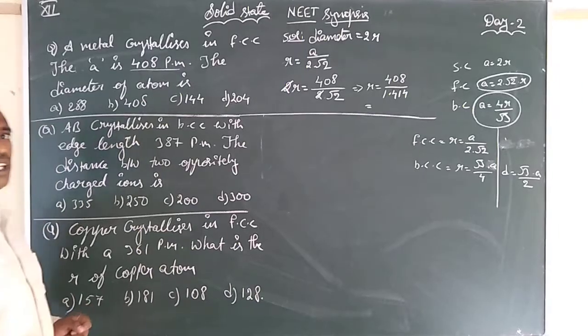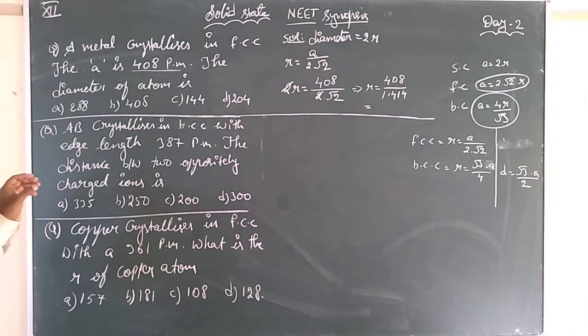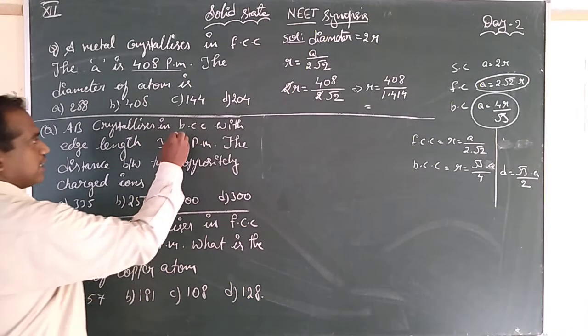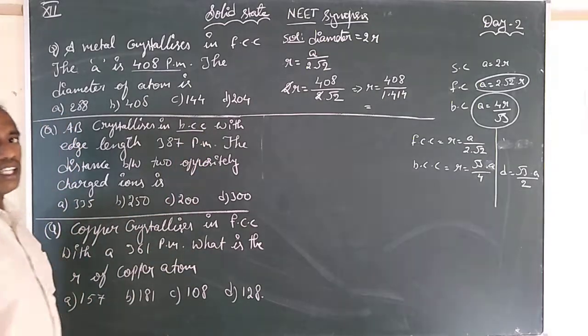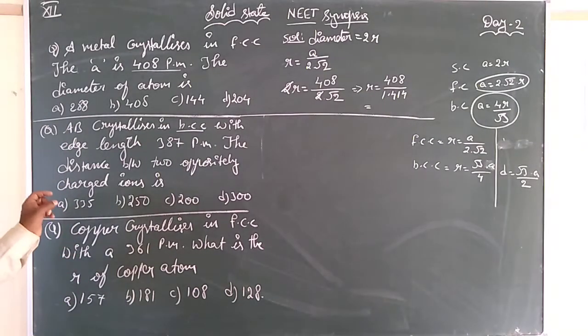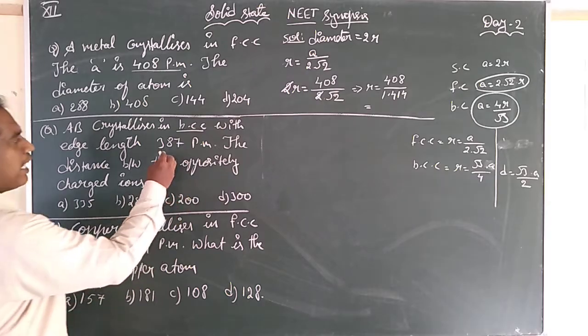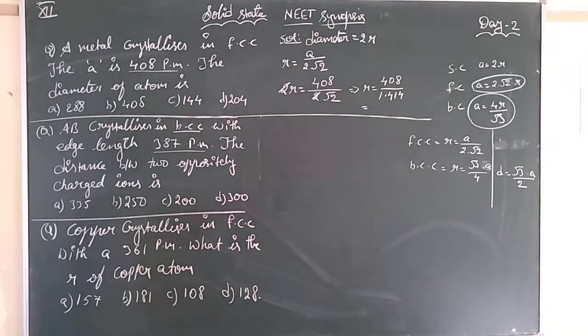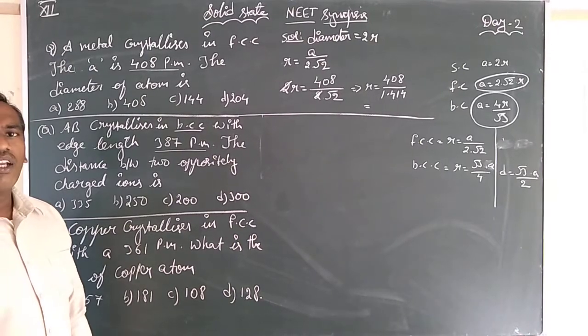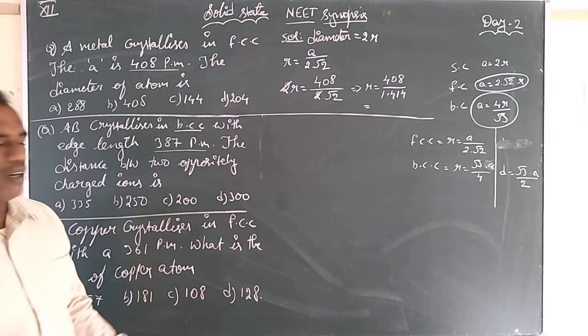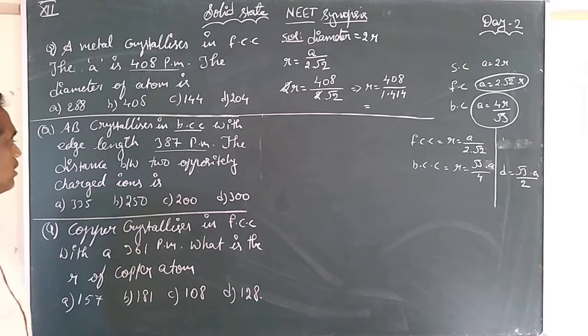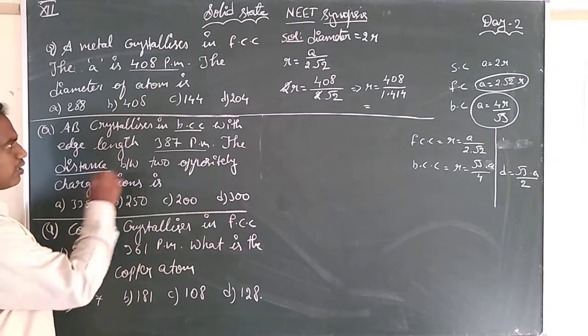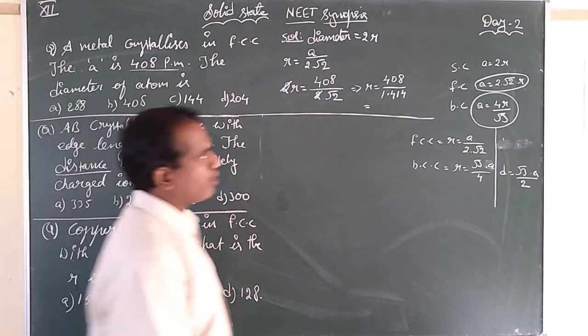What is the second question given here? AB crystallizes in BCC with edge length of 387 picometers. Try to solve this problem, children. How to work with this? The distance between oppositely charged ions in case of BCC, we had already reviewed yesterday.